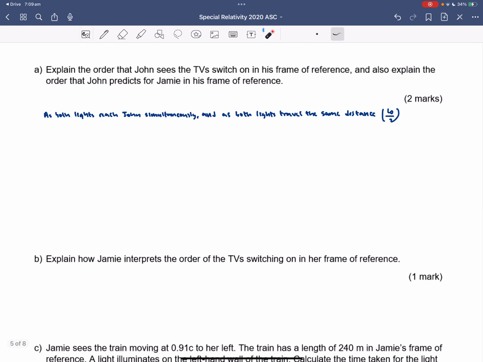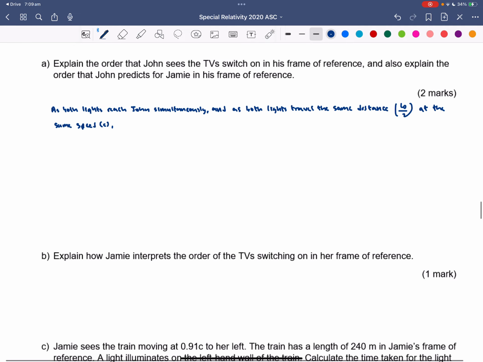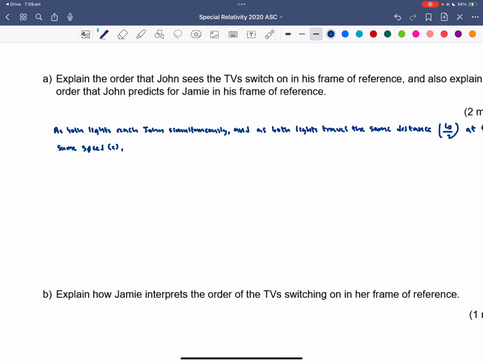So as both lights travel the same distance at the same speed, the speed c, and both reach John simultaneously, the only rational conclusion is that John sees the TVs switch on simultaneously.